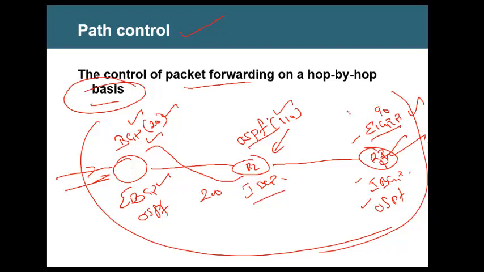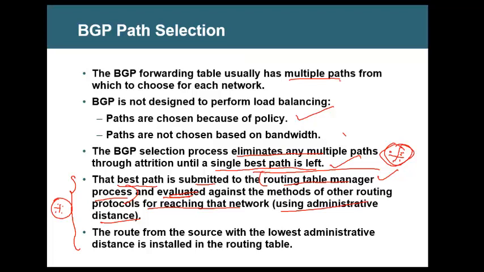So it is on a hop by hop basis. The control of the packet forwarding is dependent on the administrative distance. The final authoritative decider on the path is the routing table manager process.